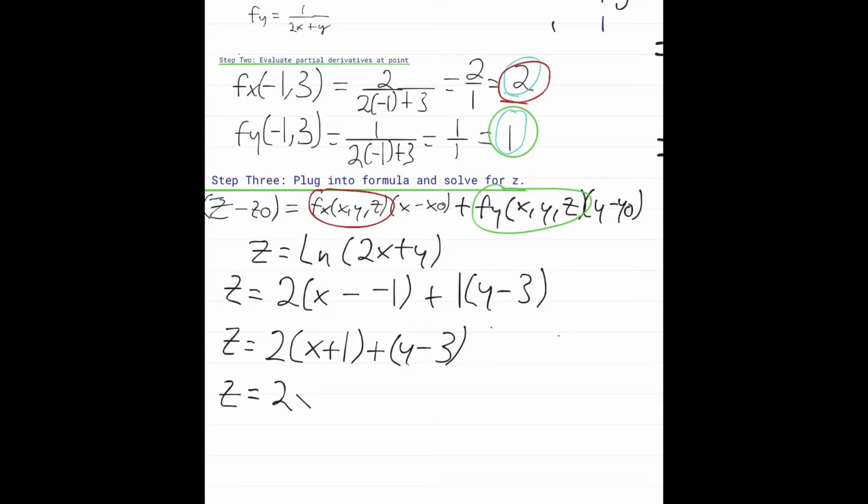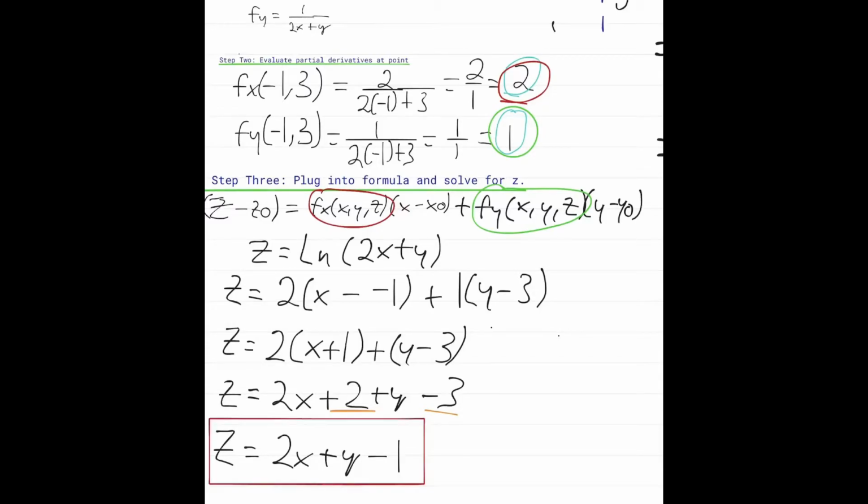Evaluated a step further, distribute the 2, we get 2x plus 2 plus y minus 3. And then taking this a step further, we have two like terms, so we combine them, we simplify them, and we get that z is equal to 2x plus y minus 1. And that's the final answer.